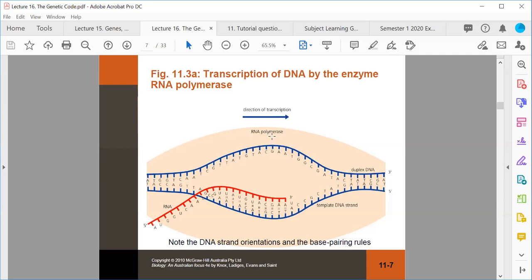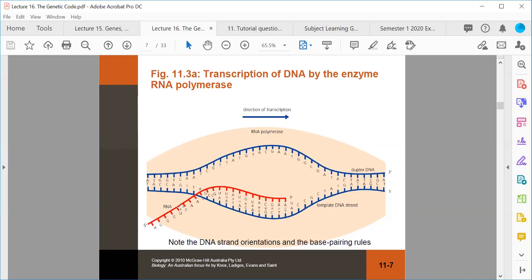And here is the enzyme, the RNA polymerase enzyme. All right, in this particular case, this strand at the bottom here, called the template DNA strand, is the one that's going to be used to synthesize a complementary strand of RNA, which is shown here in red.